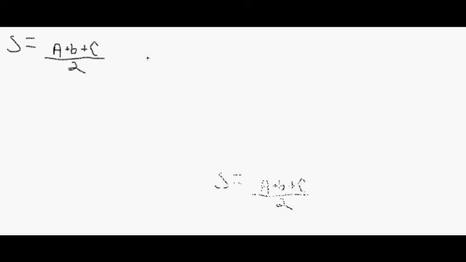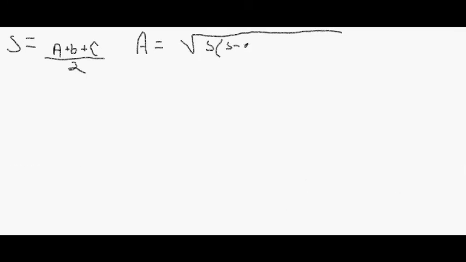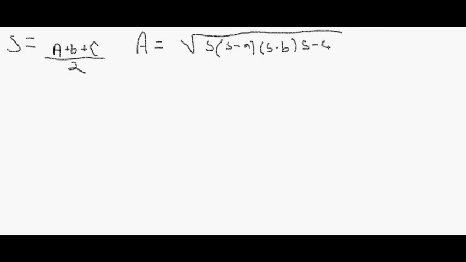Then Heron's formula, named for the Greek fellow, is A equals the square root of the following: S times S minus A, S minus B, and S minus C.